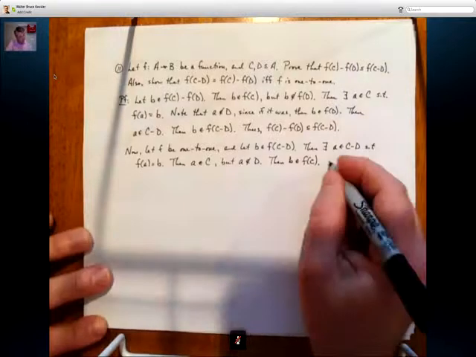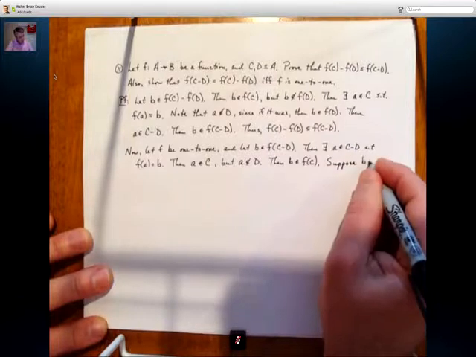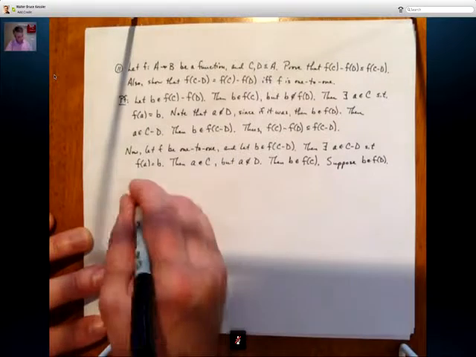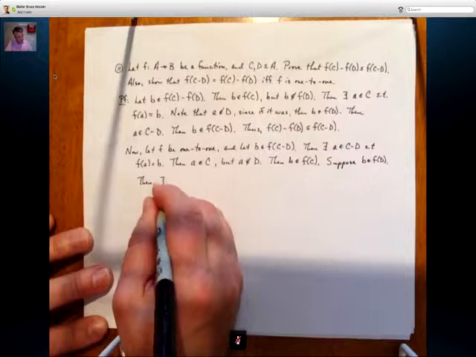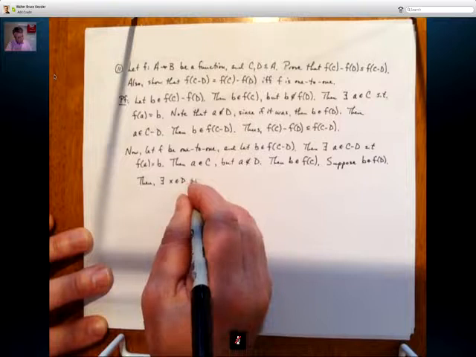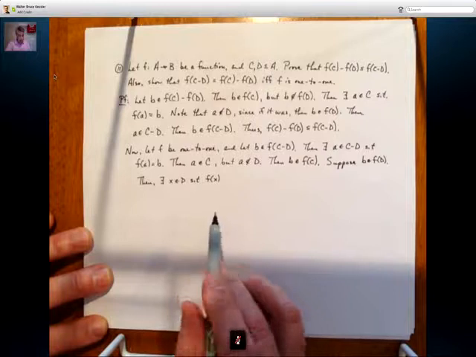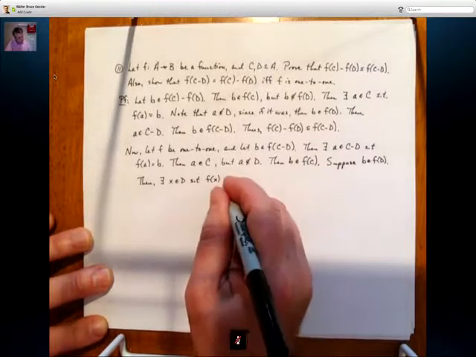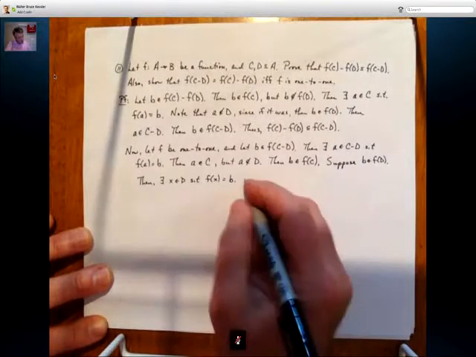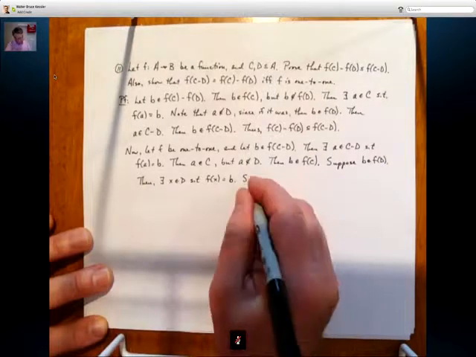So let's think about this just a second. Suppose B is in f of D. Then there would exist something in D such that f of x, now see, it doesn't have to be A in general, it could be anything, such that f of x gives me the B. But here I've got then f of A equal to f of x.